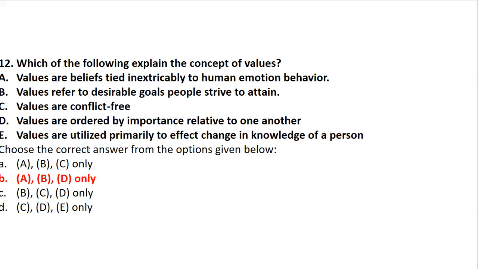So option A: yes, they are inseparable, no doubt. They are desired goals people strive to attain, yes, and values are ordered by importance relative to one another. Values are conflict free, definitely not. What values I perceive and what values you perceive may never be conflict free.